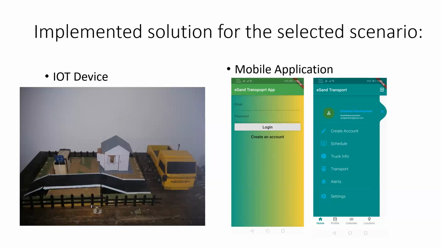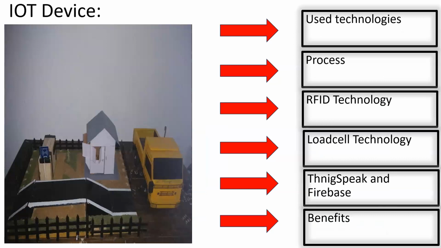The IoT device uses the technologies RFID and load cell. The process is already explained. I use ThingSpeak and Firebase as a backup plan to avoid any unnecessary issues from my end, because ThingSpeak automatically saves the data from the IoT device to the cloud platform. At the same time, I can read the data from ThingSpeak into the mobile application.